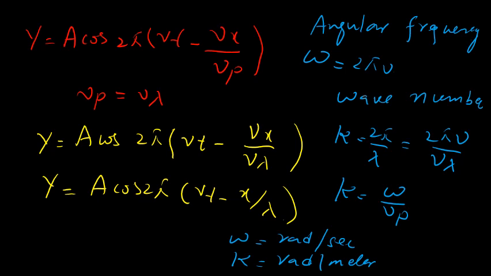So we can write the wave equation again in terms of omega and k. As we know, the wave equation is y equals a cos of 2 pi mu into t minus x over vp.